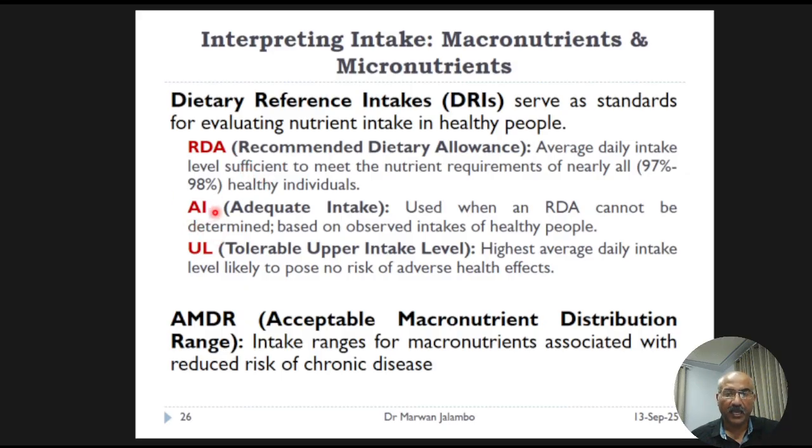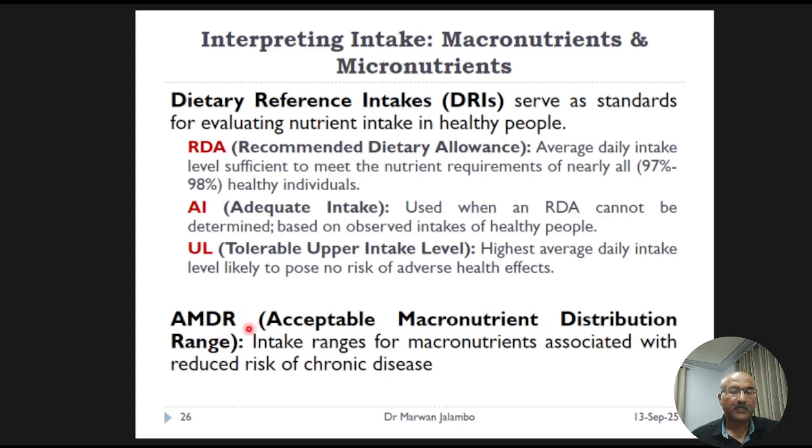While adequate intake, AI, is used when there isn't enough scientific evidence to establish an RDA. It is based on observed intake in a healthy population. While UL, tolerable upper intake level, is the highest daily intake that is unlikely to cause adverse health effects. This is our safety limit and it is especially important when looking at fortified foods and supplement use.